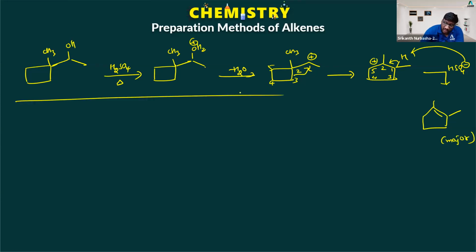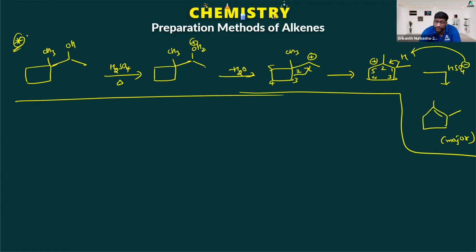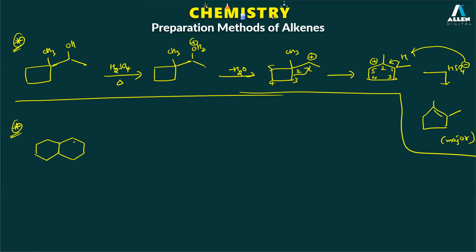I think every step is clear to you or not? Yes, sir. Last class, I have given one example where there is a dehydration reaction. Anyone tried that example? Yes, sir.